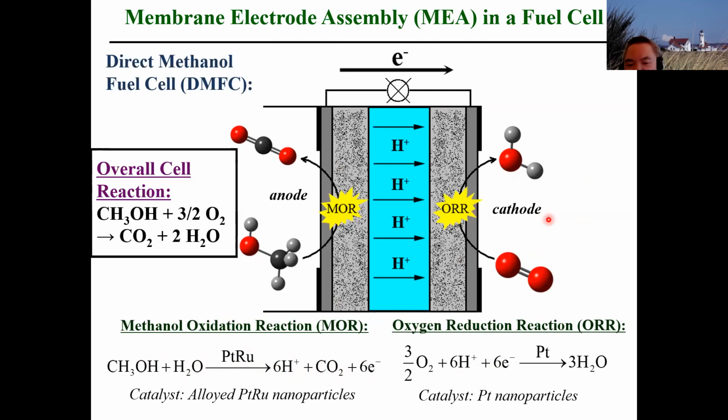And at the cathode, you have an oxygen reduction reaction: oxygen plus 6H plus 6 electrons, catalyzed by platinum, going into water. These processes, which are critical to the proper functioning of the fuel cell, require these catalysts, platinum ruthenium or platinum.